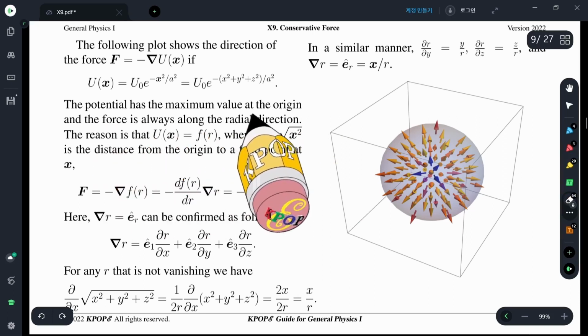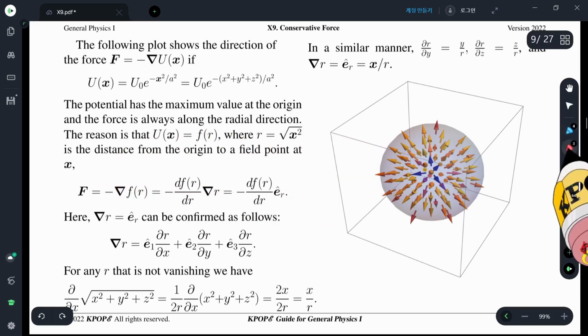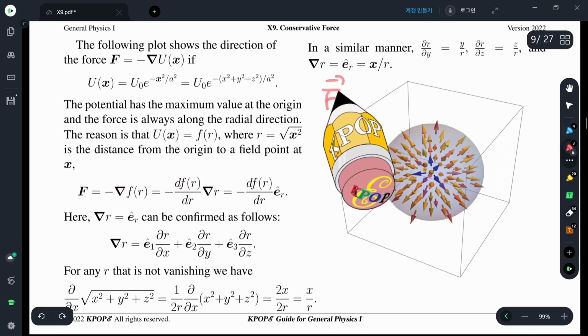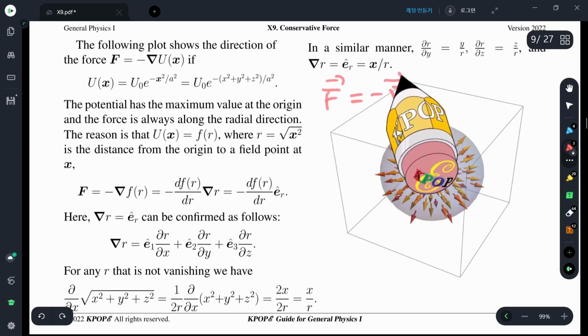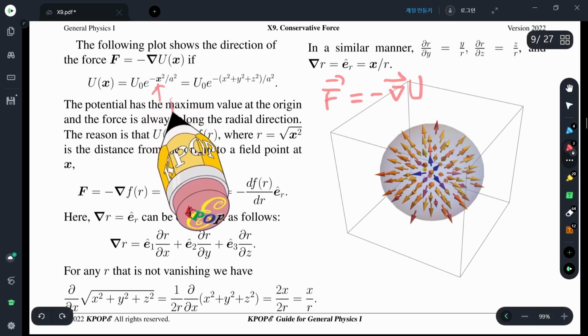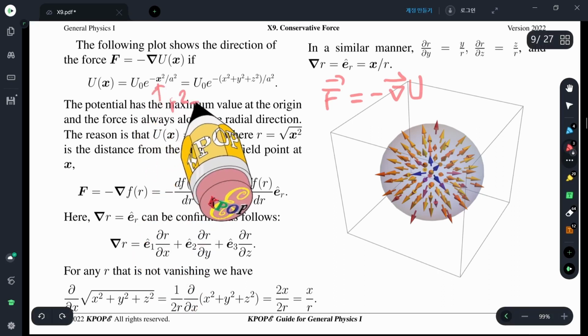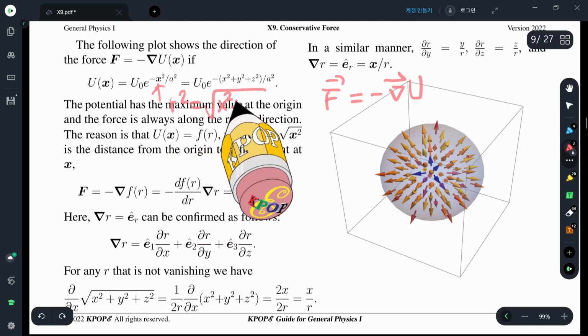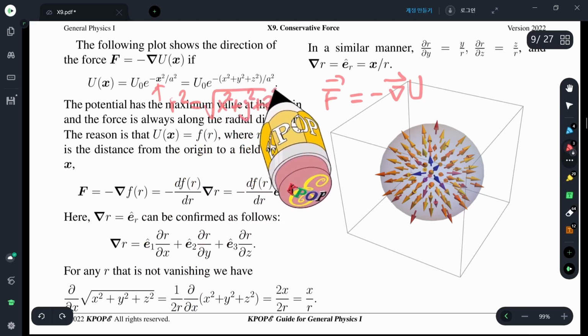So if I want to compute the force, what I have to do is to compute the gradient. But in this case, this x squared plus y squared plus z squared is just r squared, and r is the square root of x squared plus y squared plus z squared.